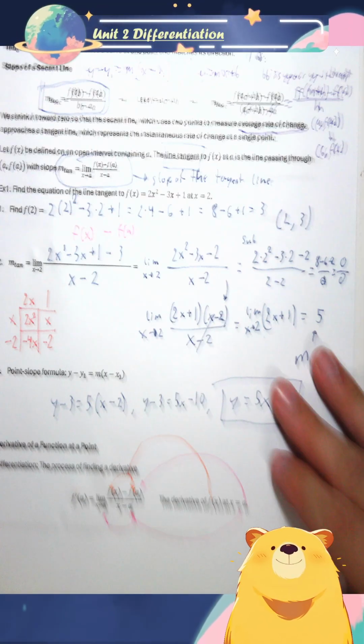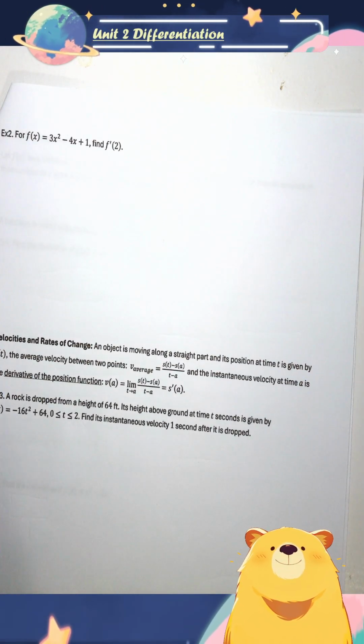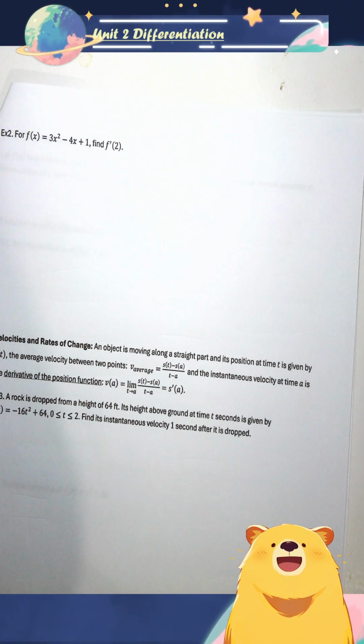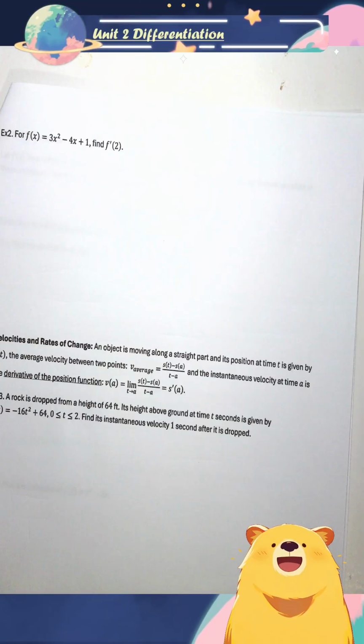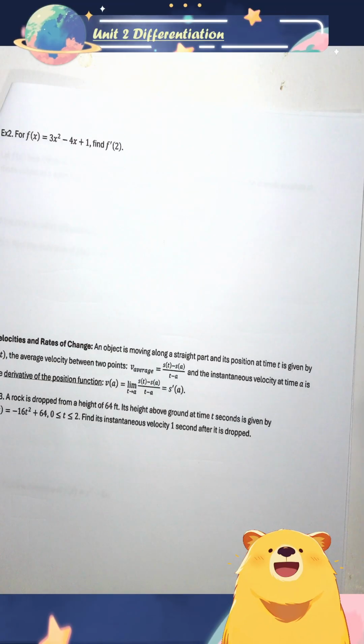Okay, so let's start off with a streamlined version of that problem. For f of x equals 3x squared minus 4x plus 1, find f prime, and I'm going to start saying f prime for that little symbol there, f prime of 2.